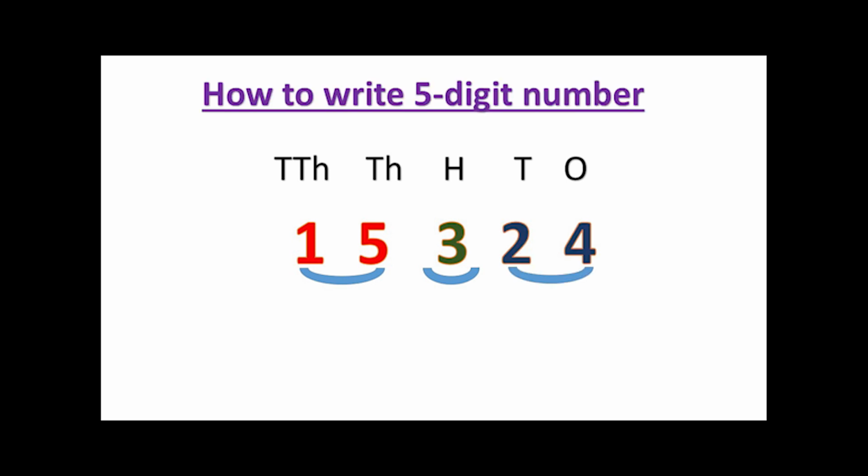Once again, we can divide it into 3 parts. That is, the number name is made up of 3 parts. The first part comes from these 2 digits. The second part comes from this digit. And the third part comes from these 2 taken together.